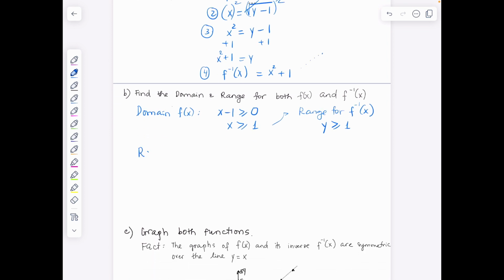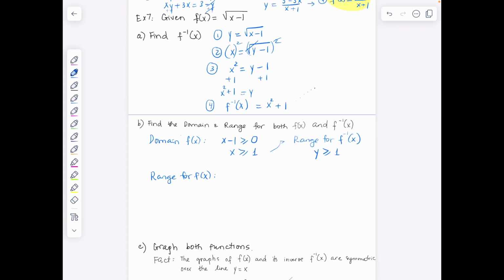Now, the range for f of x, we know that it is a square root. And whenever you take the square root of a number, that will always result in something that is greater than or equal to 0. So therefore, y is greater than or equal to 0.